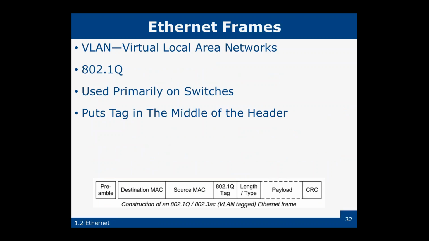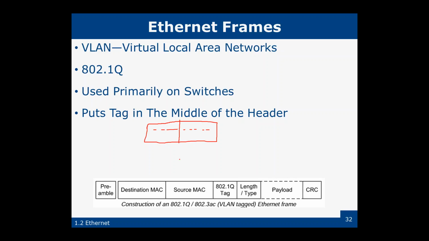Virtual LANs, VLANs. We've talked about LANs. What a VLAN does, let me make another bad drawing here. If we had a switch, and VLAN is something we can do in switches, and we have our ports, and I'll just do little dashes for ports. We could create a physical network and connect them to a switch. What a virtual local area network does is allow us to divide the switch into different networks.